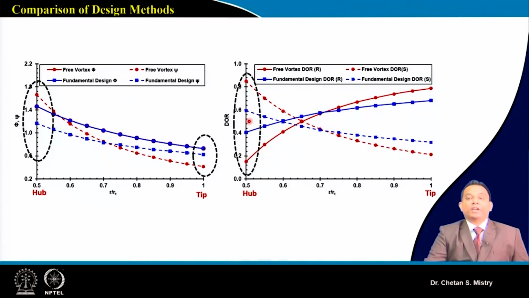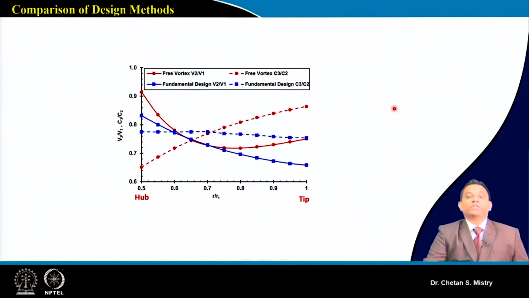If we look at my degree of reaction for the stator, it is larger, because the work that needs to be done by the stator is on the higher side. Comparing both methods, we have good control in terms of degree of reaction. We can say it is more in the tip loaded case, which is reflected here in the variation.